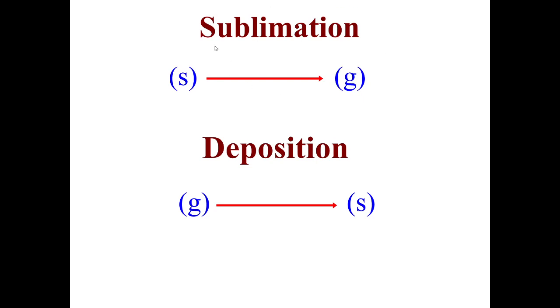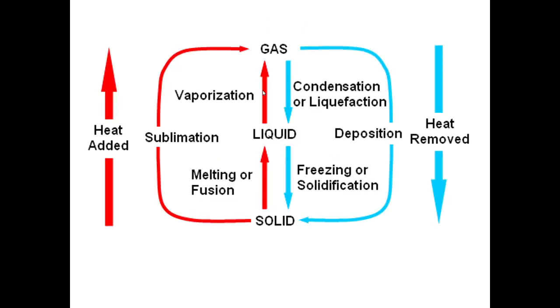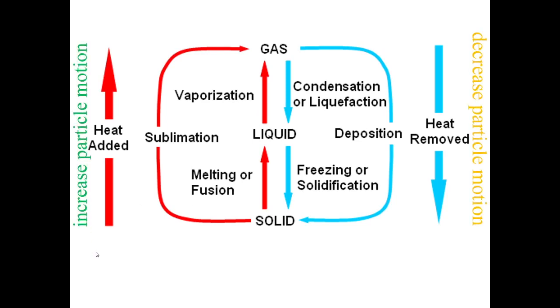Okay, so know the difference between those. Know that sublimation is going from a solid to a gas and deposition is going from a gas to a solid. Okay, we'll just look at this again and put in a couple things here. Ooh, fancy flash. So as we add heat, this increases the particle motion. This is how it's applying to kinetic molecular theory, right? As we remove heat, it decreases that particle motion. You're removing that energy.